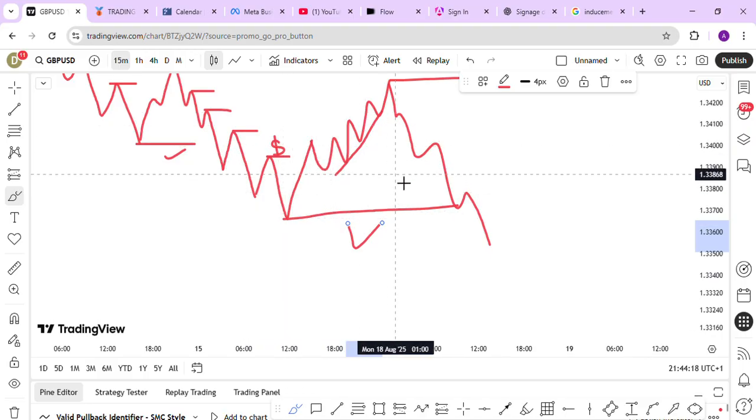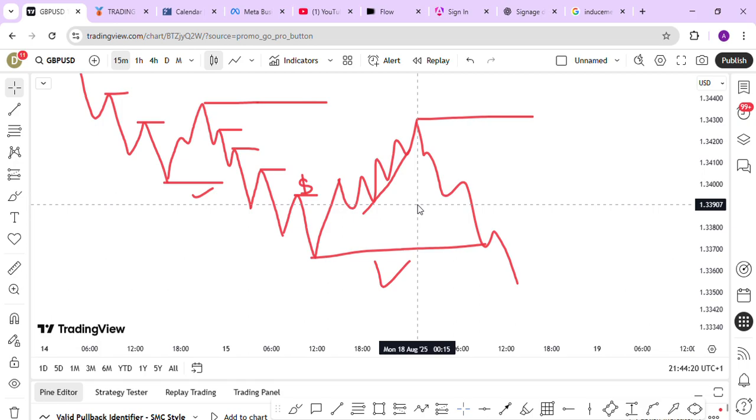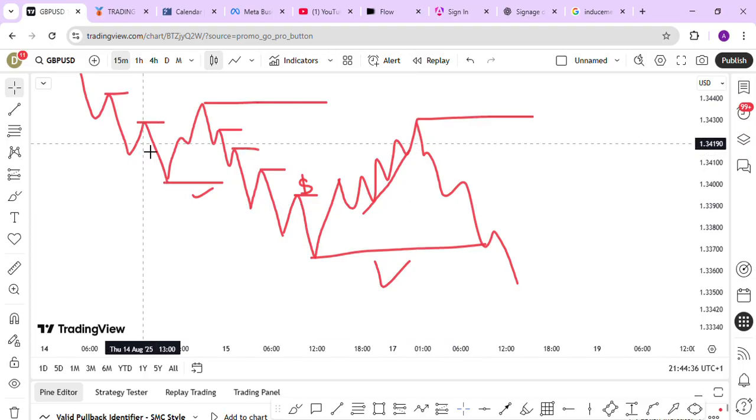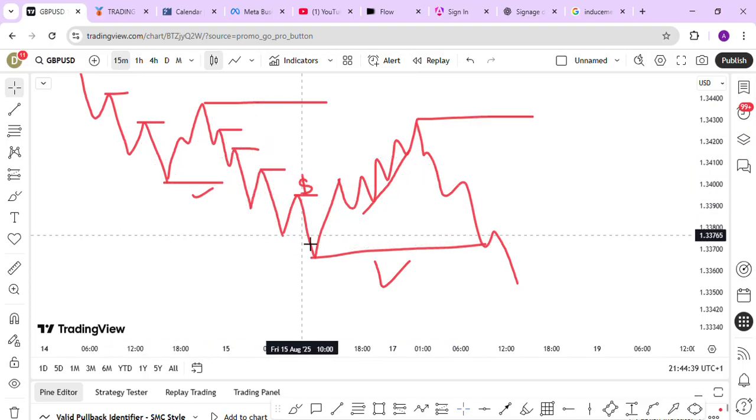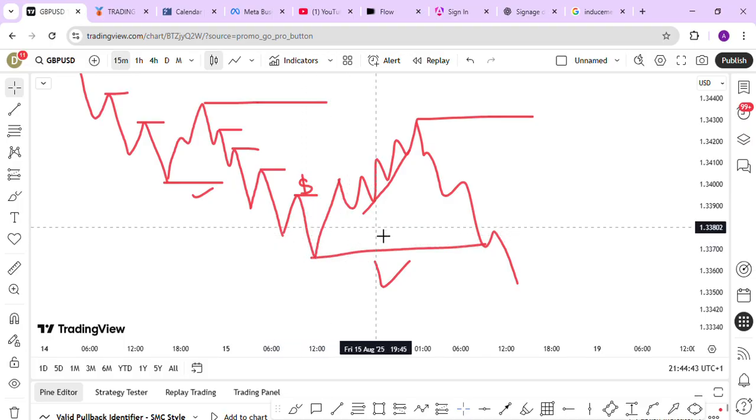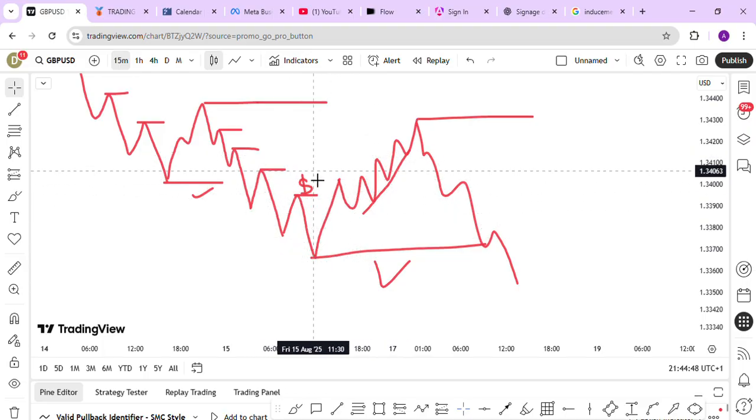But most importantly, you have to go and watch my video on how to identify a valid pullback, because there's no way you can identify inducement, your POIs, your valid order block or your structure if you don't understand valid pullback. Why are these pullbacks valid? What makes them valid? That's the foundation for this. If you understand that, then identifying your inducement will be simple.